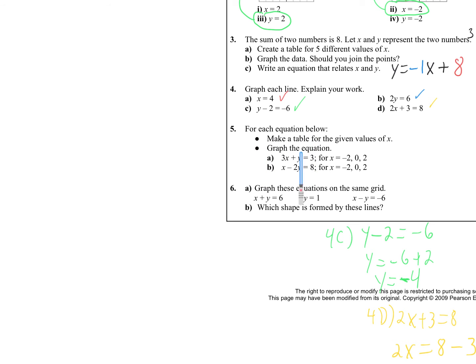For each equation below, make a table for the given values of x, and then graph each equation. So what I think I might need to do now is get a little bit of extra graph paper. So I'm going to add in a sheet of graph paper, and I can do that pretty simply. I just have to find it in my list here.